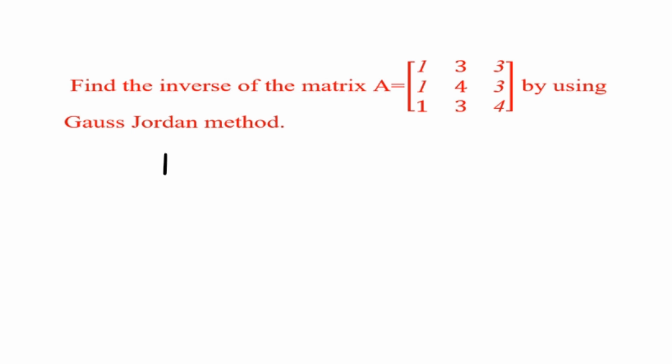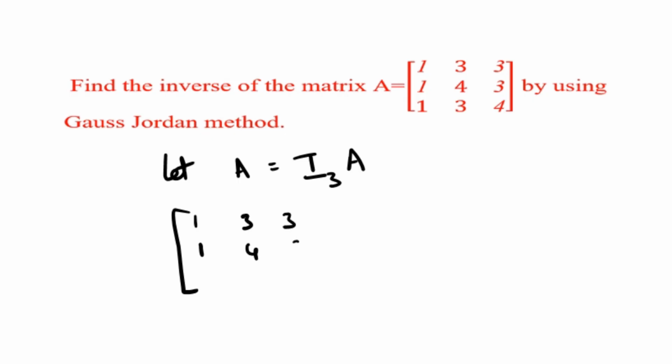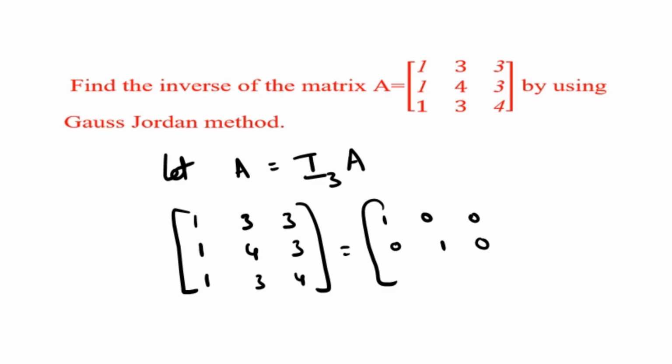Let A equal the 3 by 3 identity matrix multiplied with A. The matrix A we write as 1, 3, 3, 1, 4, 3, 1, 3, 4, which is equal to an identity matrix 1, 0, 0, 0, 1, 0, 0, 0, 1.